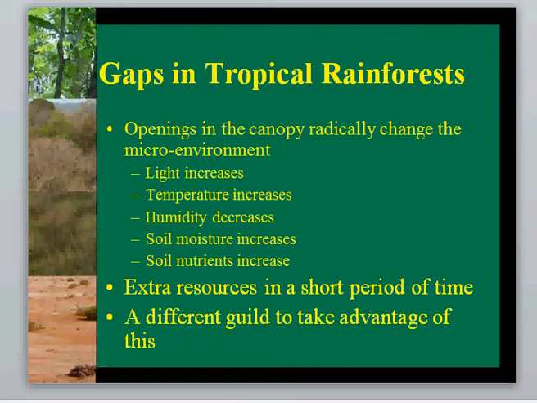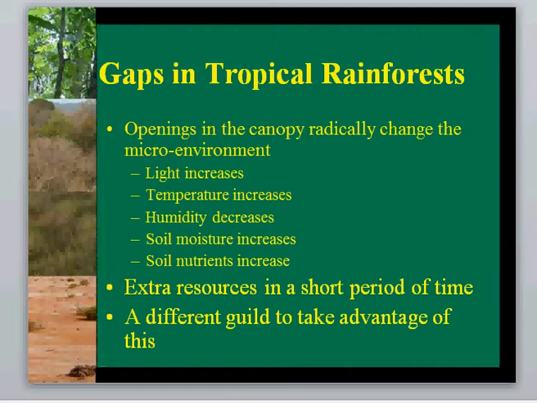Now these openings in the canopy really radically change the microenvironment. The light increases, temperature increases, humidity decreases, soil moisture will increase, and soil nutrients increase.